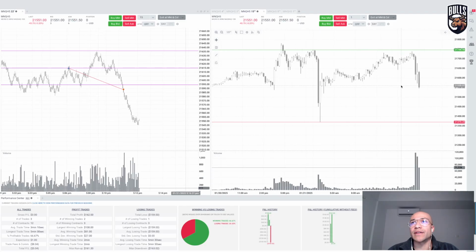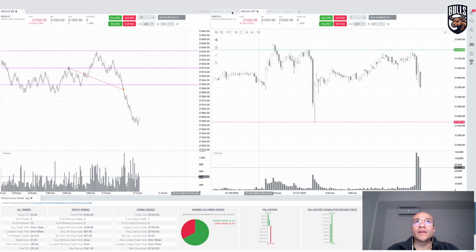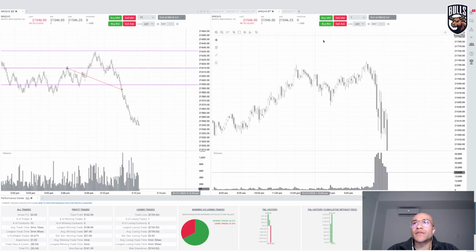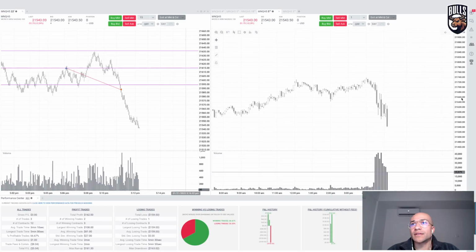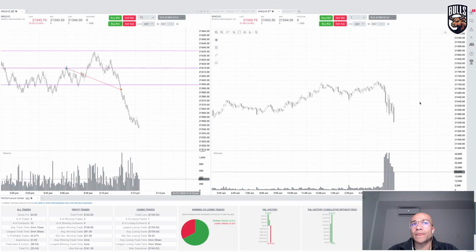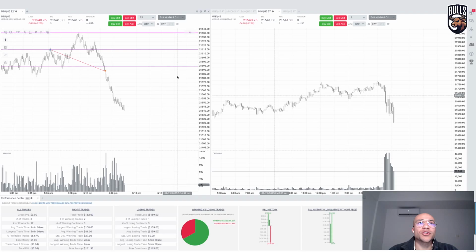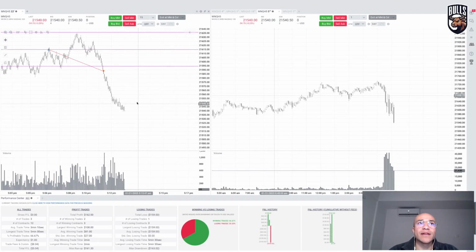Actually, really important level. So same thing again. I'd be first going on a 5 minute, so I get it into a smaller time frame. So now I'll be just watching how price reacts at this level.